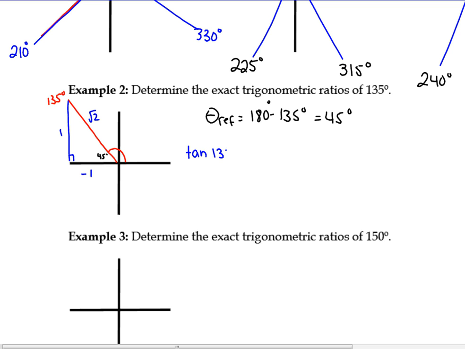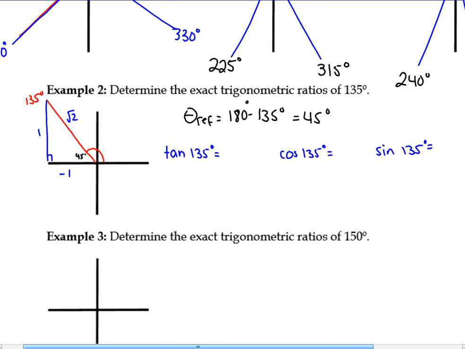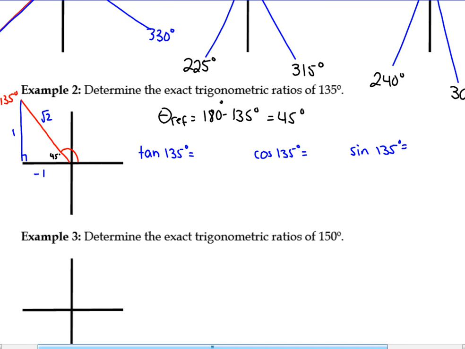So we're going to figure out tan 135, cos 135 and sine. First, tan 135.